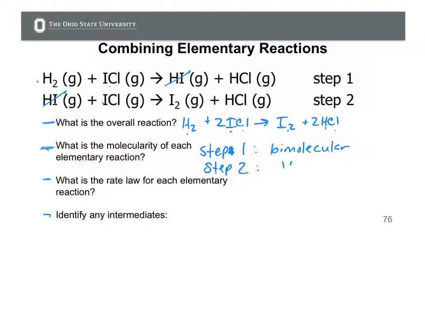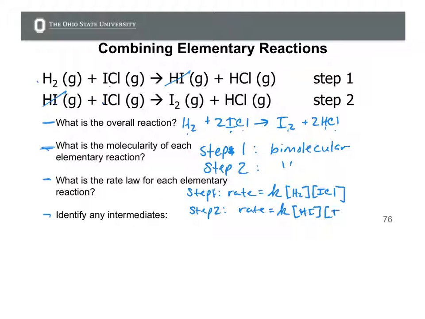To write the rate law, because we're working with elementary reactions, for step 1, we simply take the reactants and multiply them. Rate equals k times H2 times ICl. And in step 2, rate equals k times HI times ICl.